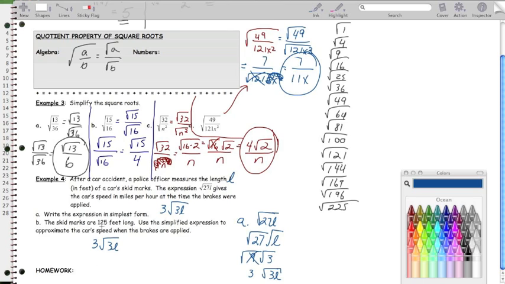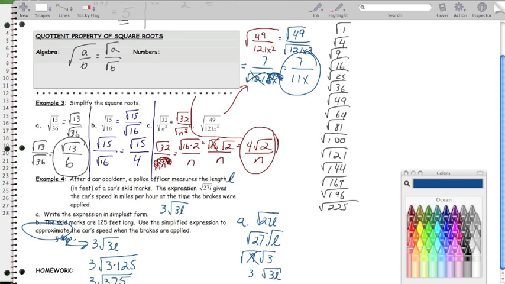So let's see, the skid marks are 125 feet long. So I'm going to put that in for L. I'm going to multiply 3 times 125, I get 375. Now the directions here say use the simplified expression, which we have here. This is my simplified expression, to approximate. They want me to approximate, which means I can use a calculator.